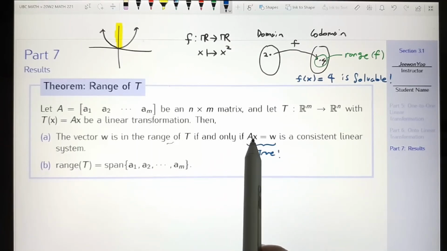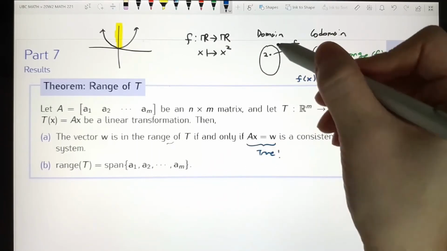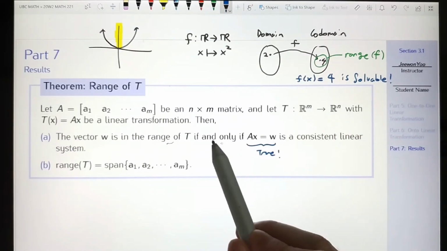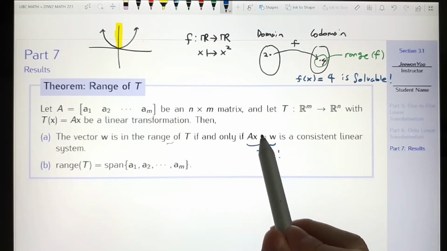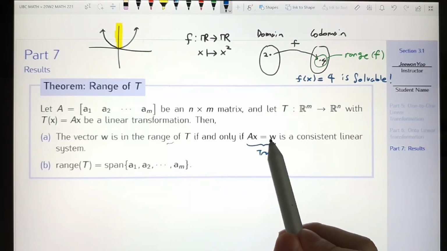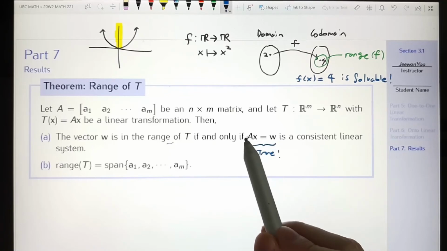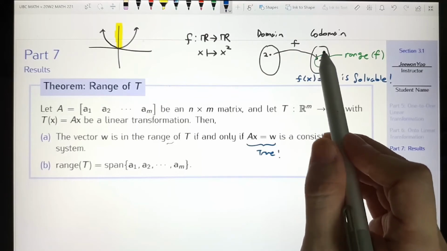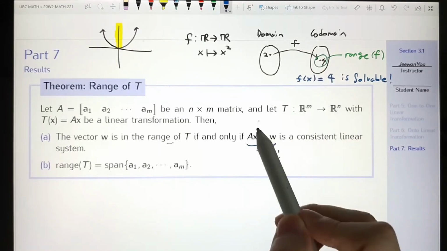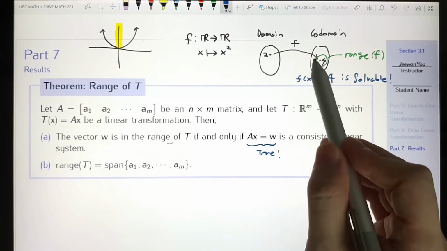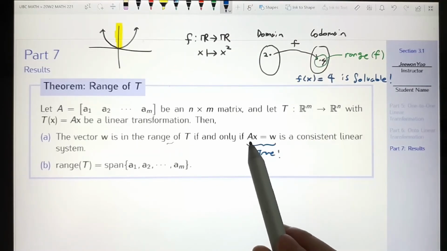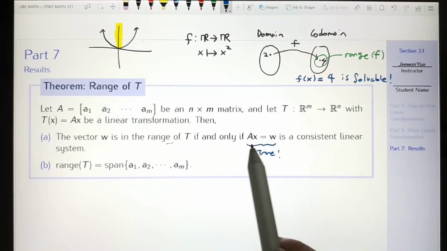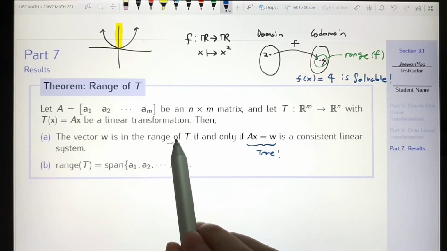Because Ax equal to w means you pick up one element in the domain, send it to the function T. If this equality is true, so that this w is in the codomain, then surely this w must be in the range right here, not somewhere else. If w is outside of the range, then this system is inconsistent. But because they said it's consistent, then the element w must be living in the range.